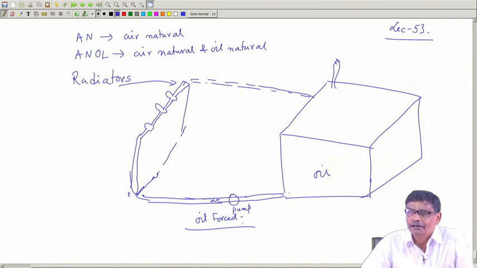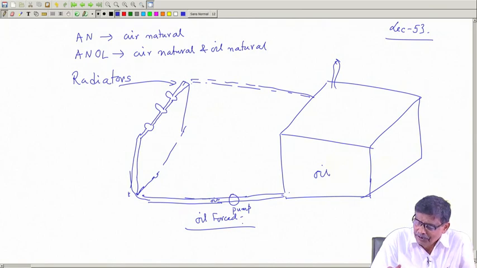If you are using copper, delta is almost the same, maybe 3 ampere per millimeter square. Those are generally fixed.